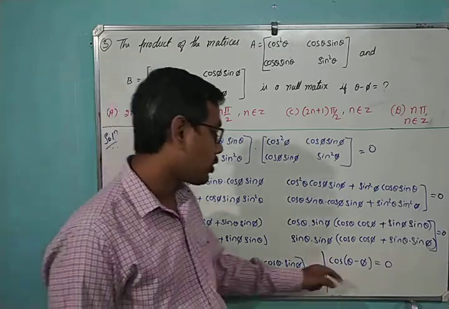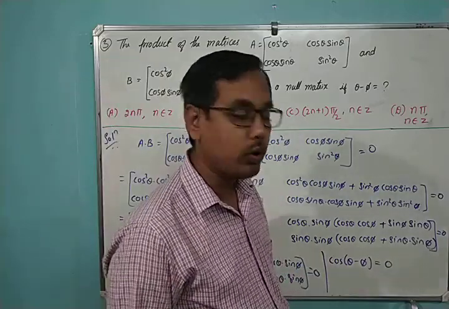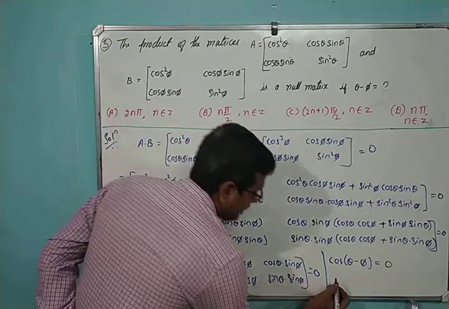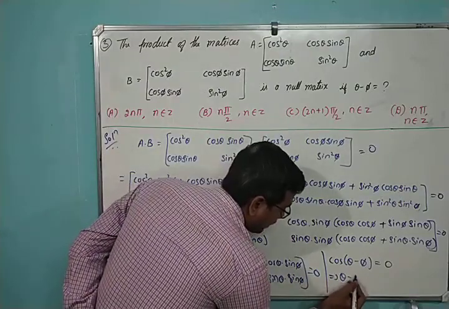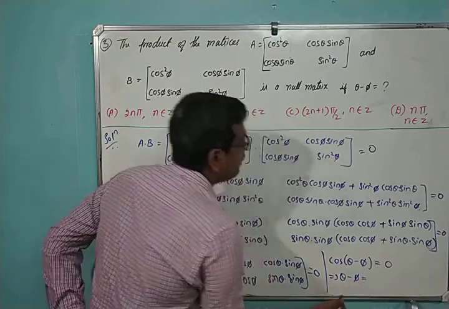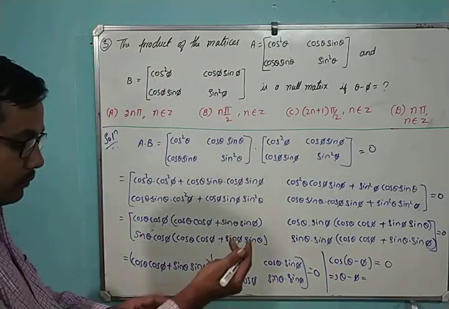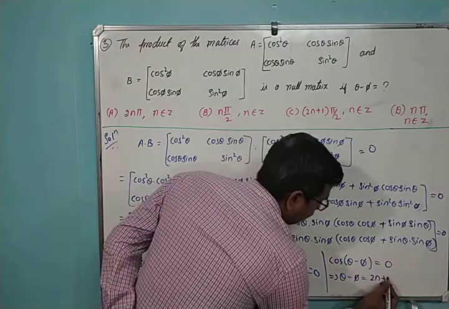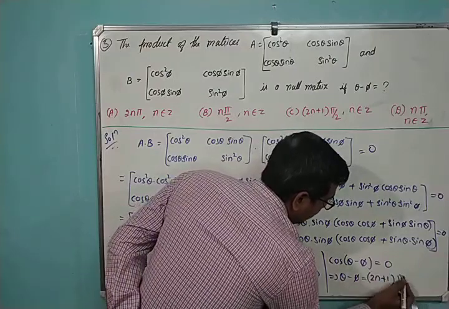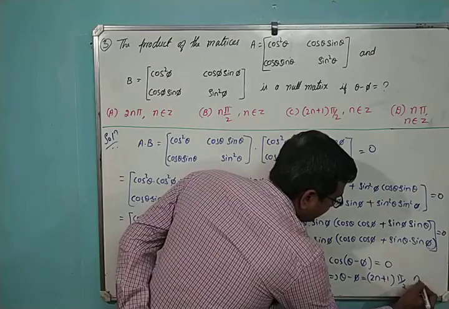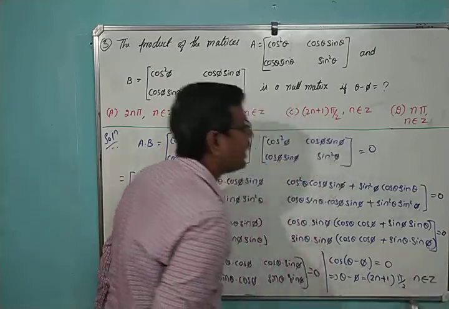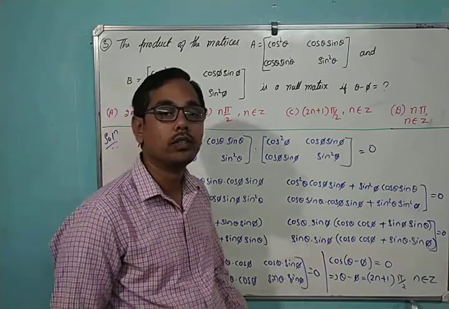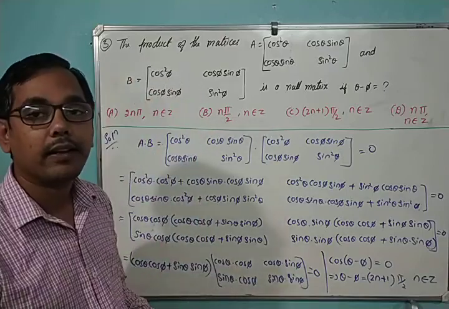So when cos of theta minus phi is equal to 0, what will be the value of theta minus phi? It will be 2n plus 1 into pi by 2 for every n belonging to Z. This will be our required value.